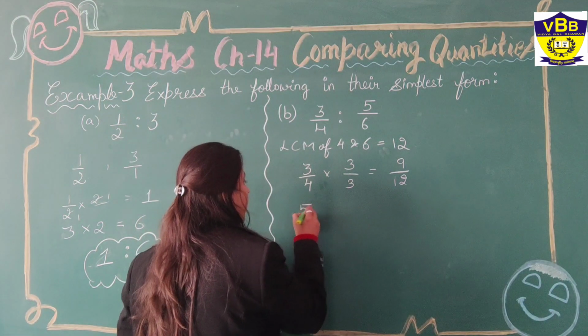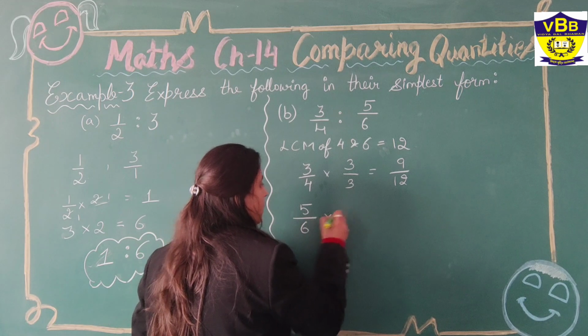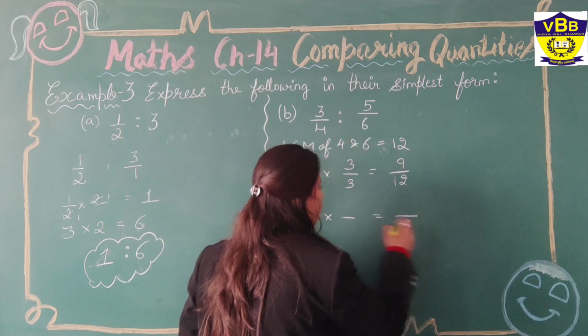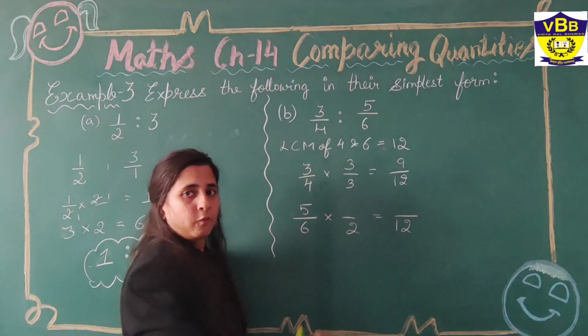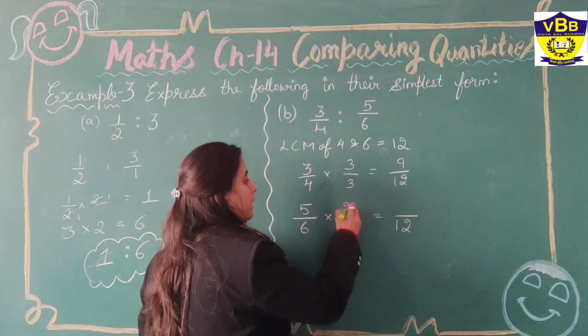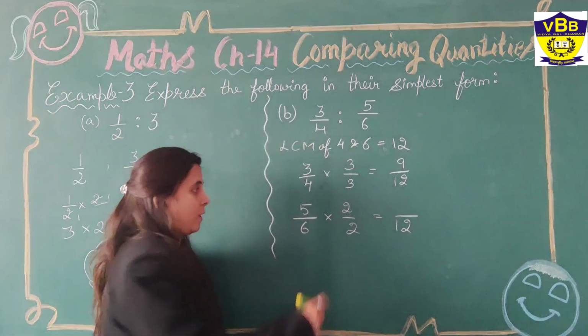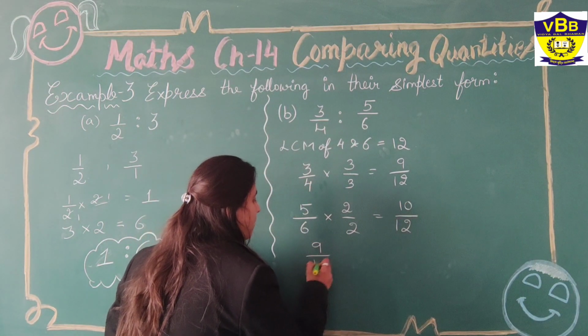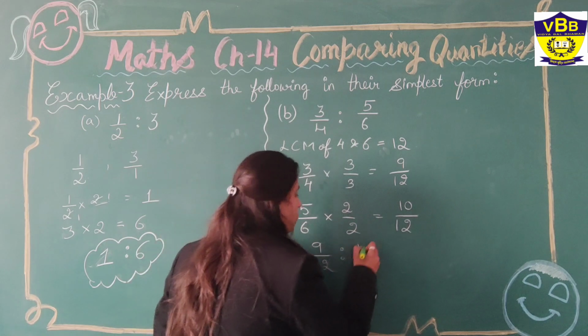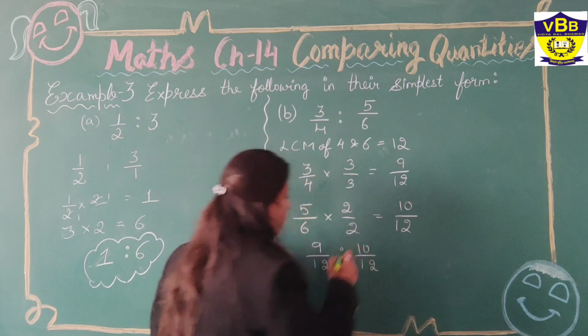Next, 5 upon 6 will be multiplied by what? 6 should be multiplied by 2 to make it 12. If we are multiplying the denominator, you need to multiply the numerator as well. It will become 10. Now the ratio becomes 9 by 12 is to 10 by 12.